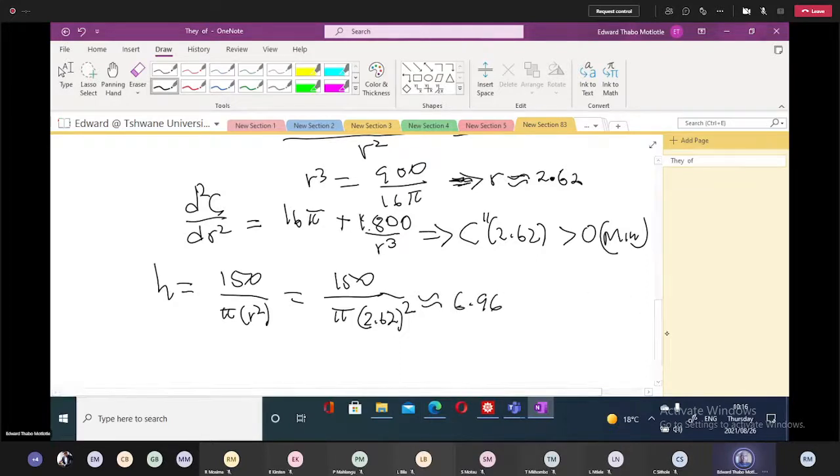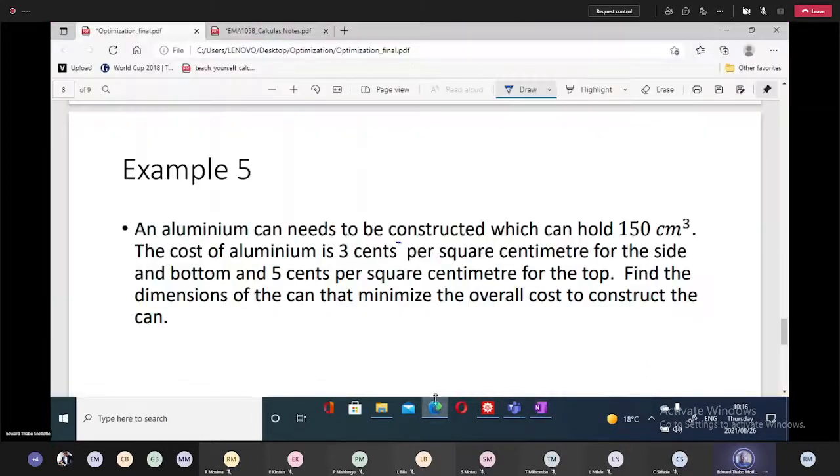Okay, now we go back to the question. What were they looking for? Find the dimensions. So now we can conclude that the dimensions that minimize the overall cost of the construction of the cairn are, not x, are r equals 2.62 and h equals 6.96.